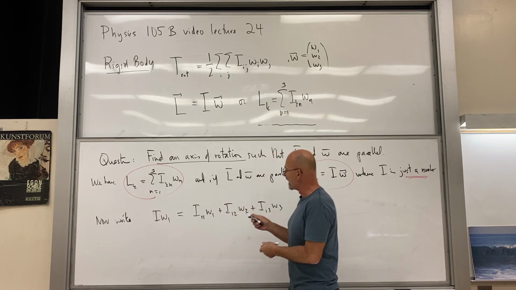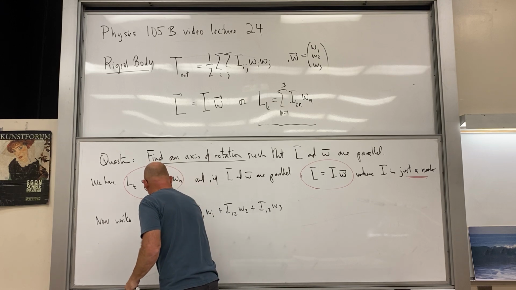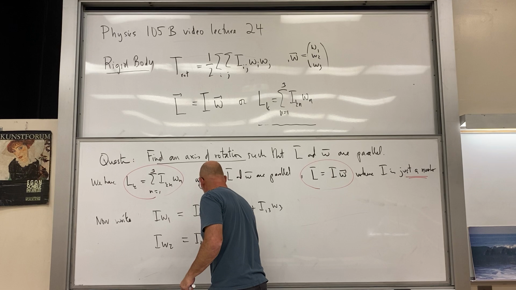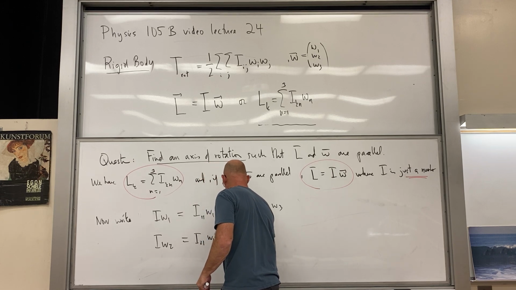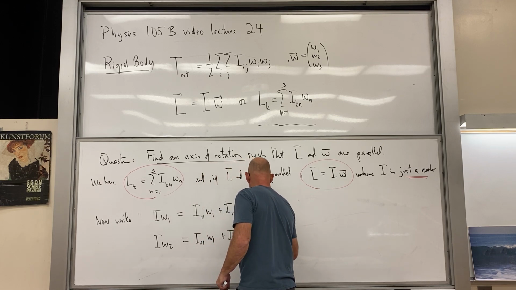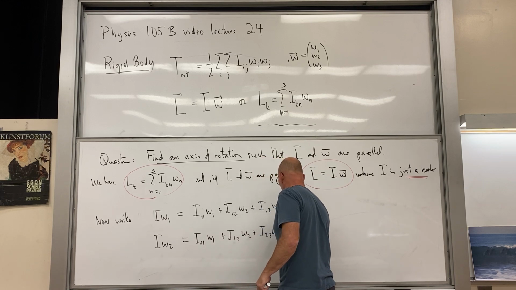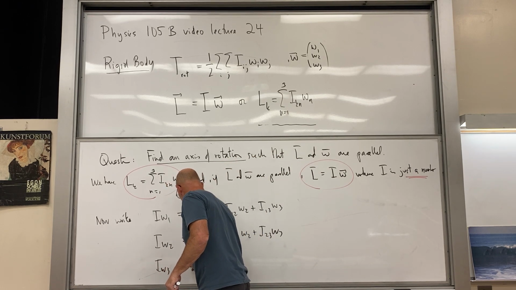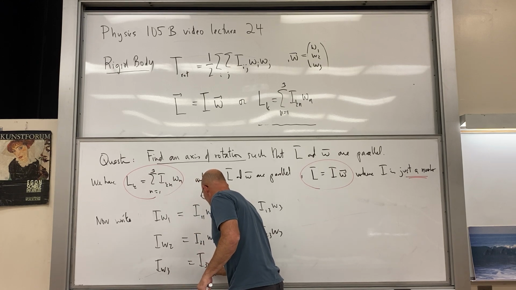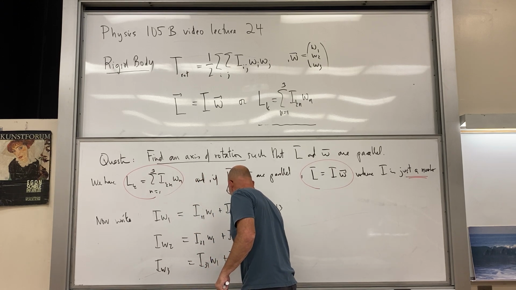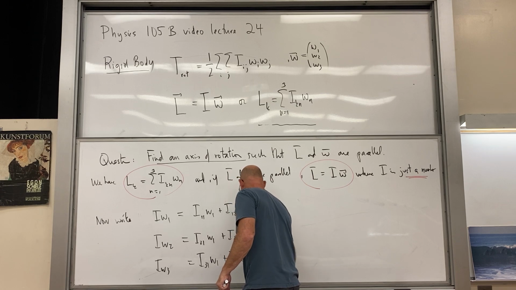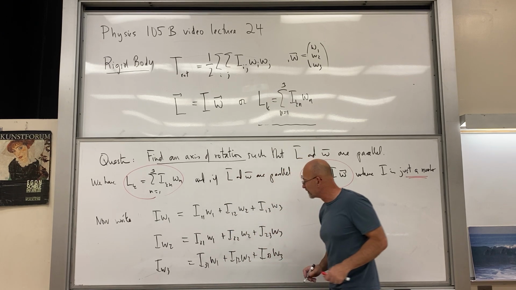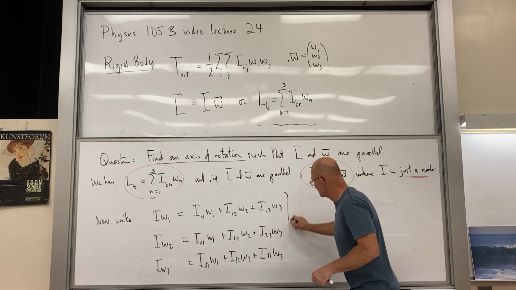And now I have I omega 2 is equal to I 2,1 omega 1 plus I 2,2 omega 2 plus I 2,3 omega 3. And finally for the last one, I omega 3 is I 3,1 omega 1 plus I 3,2 omega 2 plus I 3,3 omega 3. Hope we can read that. Okay.